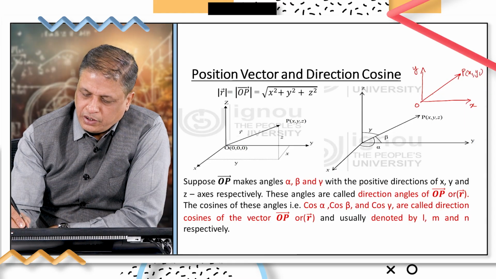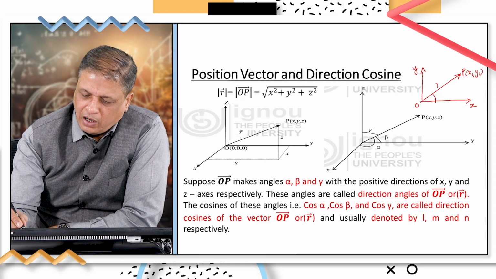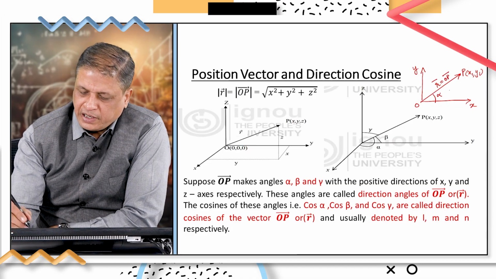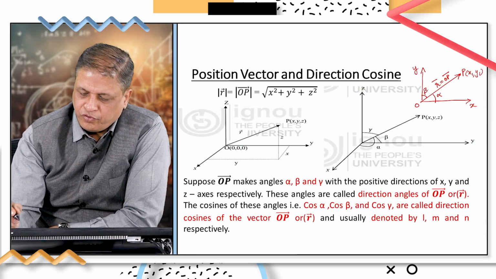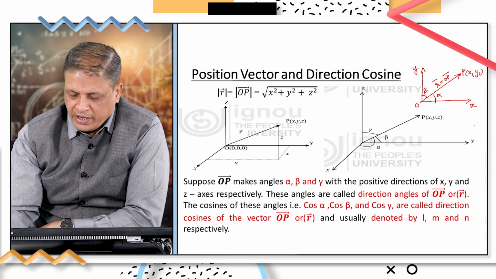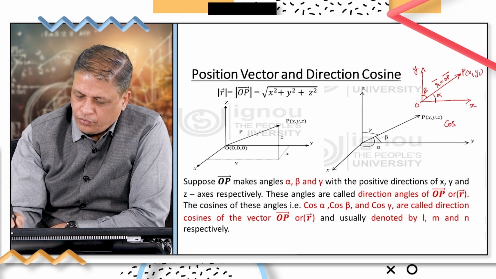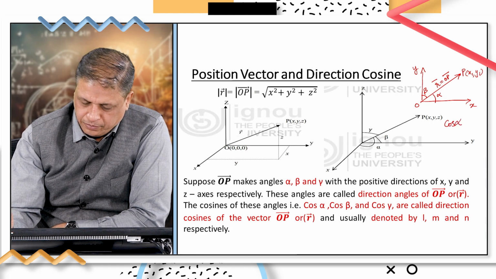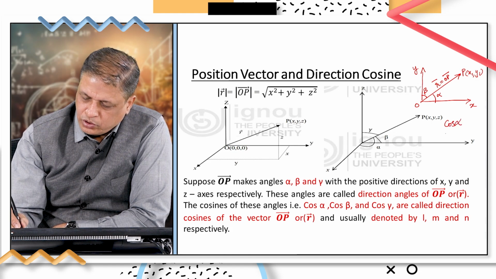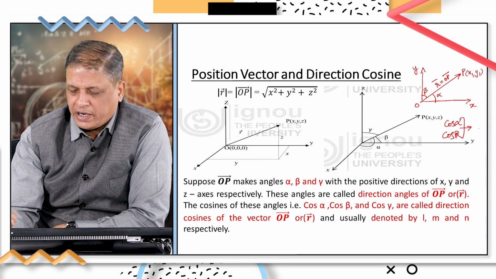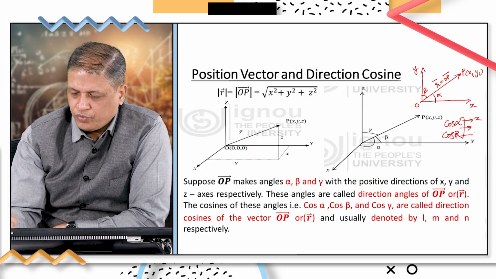Now, say vector R, that is OP vector, is subtending angle say alpha with x axis and beta with say y axis. Then the cosine of alpha and cosine of beta are actually representing the direction cosines in x axis and y axis.